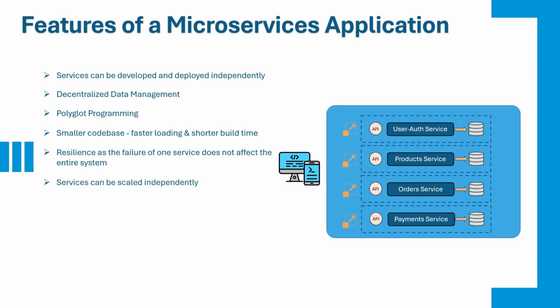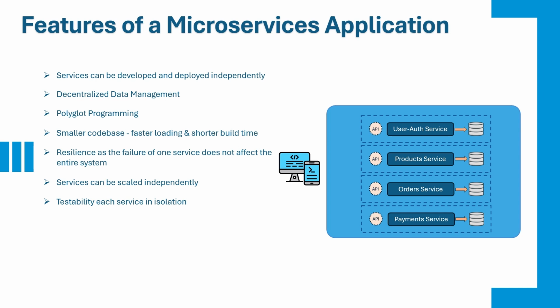Services can be scaled independently based on demand. This means you can allocate more resources to high-demand services without scaling the entire application, optimizing resource usage. Microservices improve testability. Each service can be tested in isolation, making it easier to identify and fix issues before deployment, ensuring higher quality code.